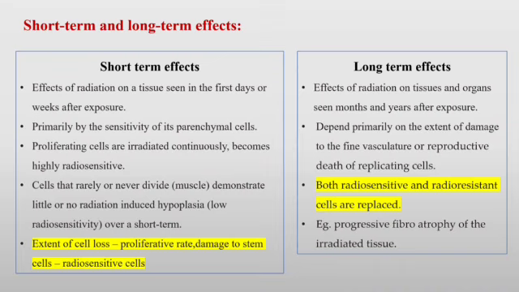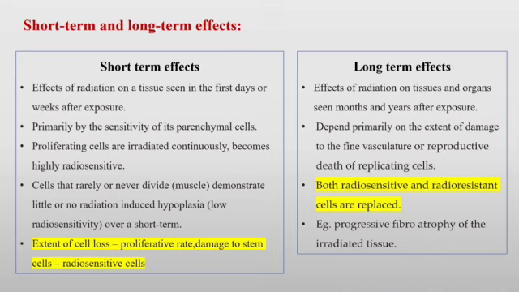Next is the long-term effect. These are the effects of radiation on tissues and organs seen months and years after exposure. They depend primarily on the extent of damage to the fine vasculature or reproductive death of replicating cells. For example, damage to a capillary leads to impairment of the transport of oxygen, nutrients, and waste products, which results in death of all cell types that are dependent on the vascular supply.